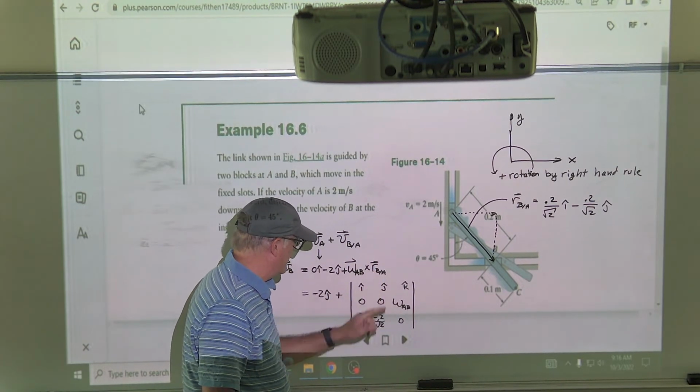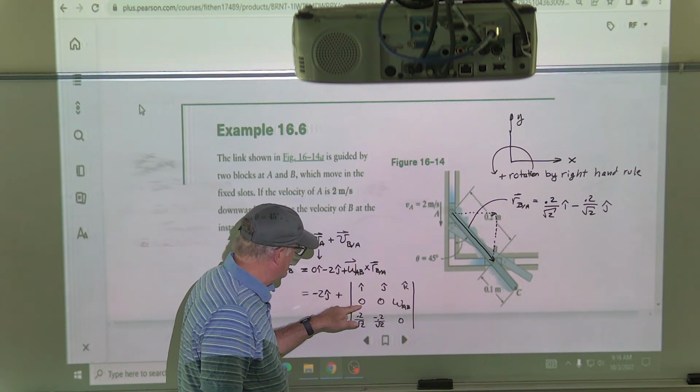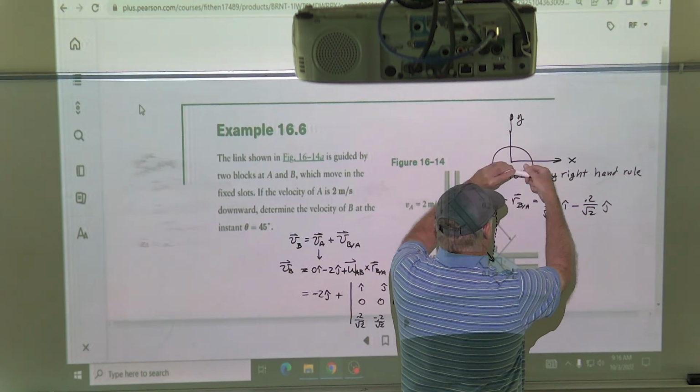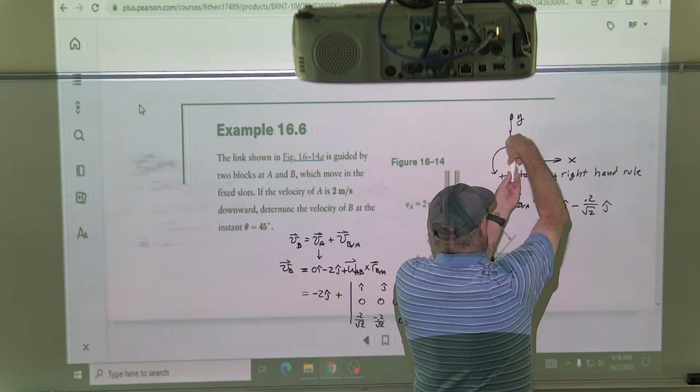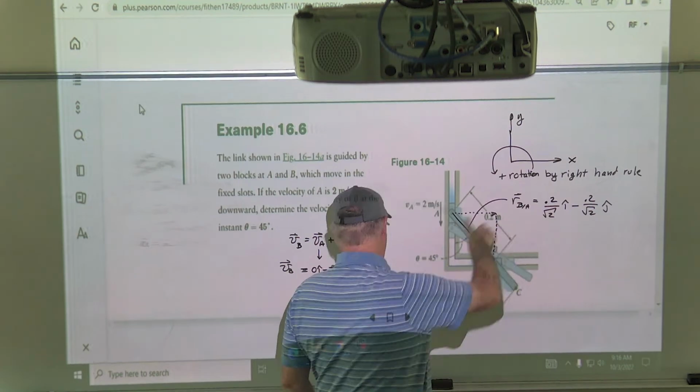Always happens that way. The thing about the first one is there is no X rotation, meaning it's not spinning this way, and it's not spinning about that axis. It's only spinning this way. This thing is only spinning that way.